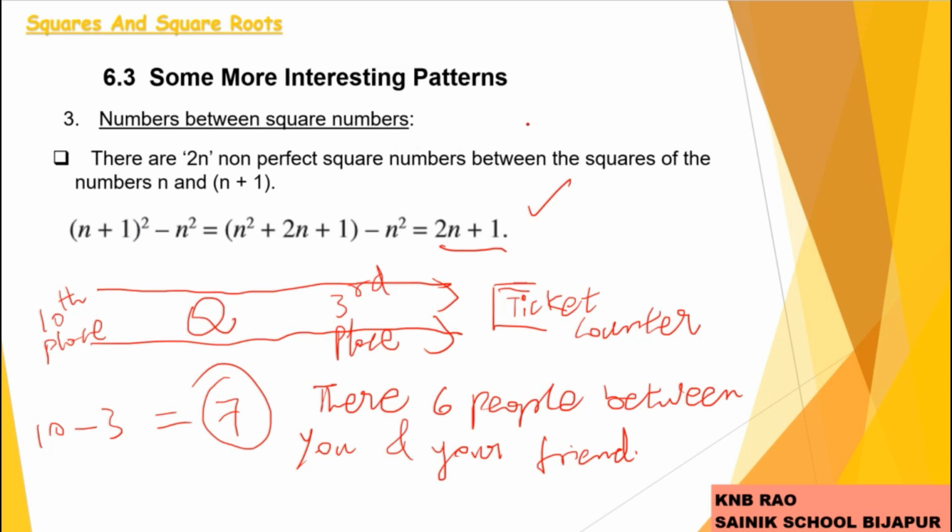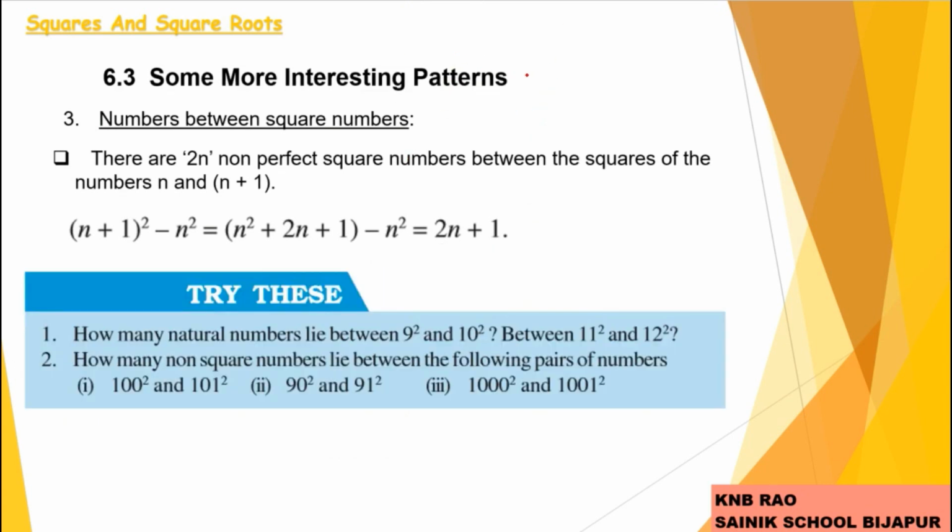So this is one simple explanation, and you can note down this interesting pattern also. Based on this pattern, here is one more try which you have to do on your own. How many natural numbers lie between 9 square and 10 square?